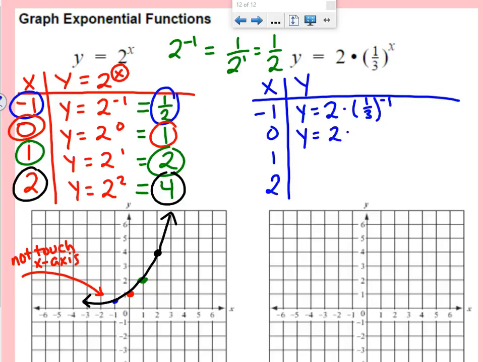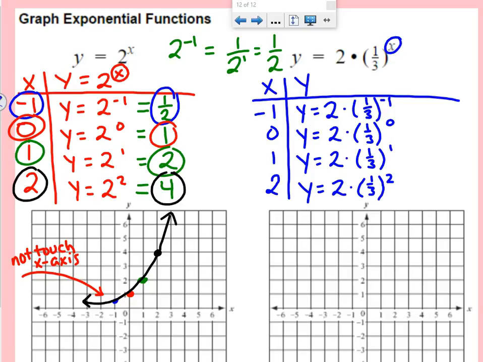Y equals 2 times 1/3 to the power of 0. Y equals 2 times 1/3 to the power of 1. Y equals 2 times 1/3 to the power of 2. All I did there was insert my values for x into the exponent spot, because that is what x is. X is your exponent.